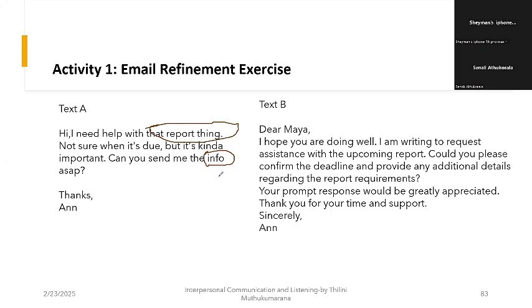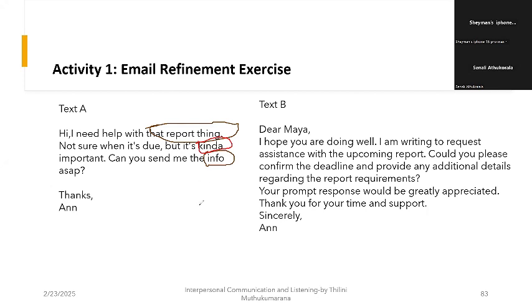And also, I mentioned tone. Even though we raise our tone when we talk, through written text also we can see the tone, right? We can see a very informal type of tone. For example, the words like kind of are very informal, right?